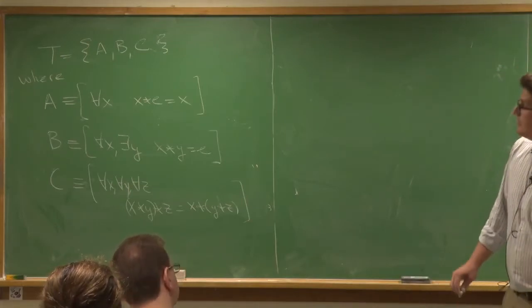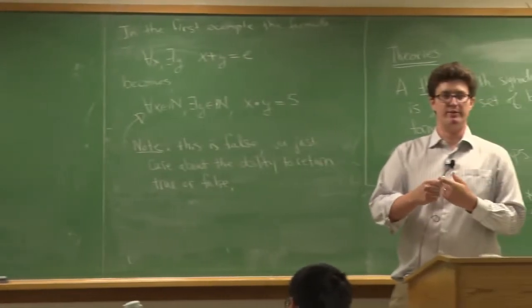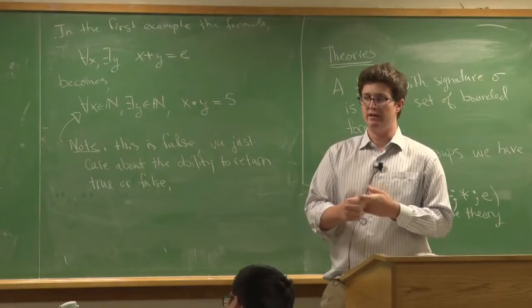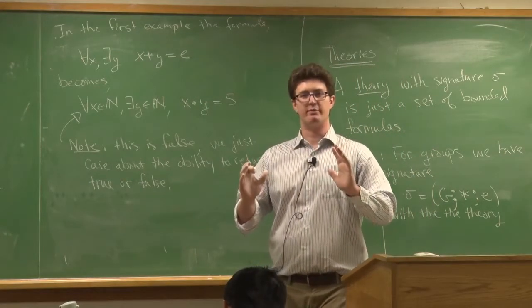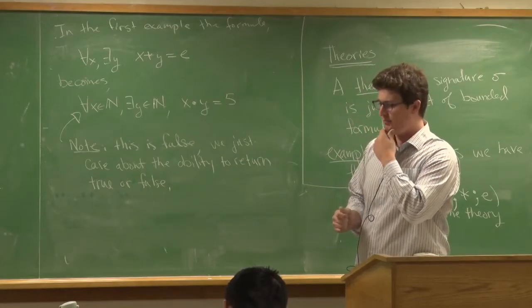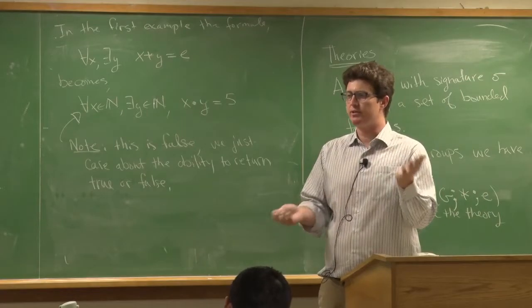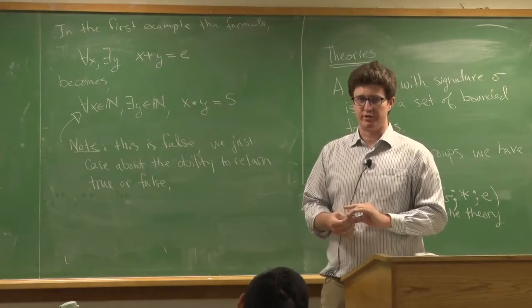Okay, let me recap again. Signatures are the symbols that you use to make up your formulas. Your formulas are built from the atomic things, and we use connectives and quantifiers to build up from there. Then they could be first order or second order. Second order ones are where you quantify over sets. Then we had structures.